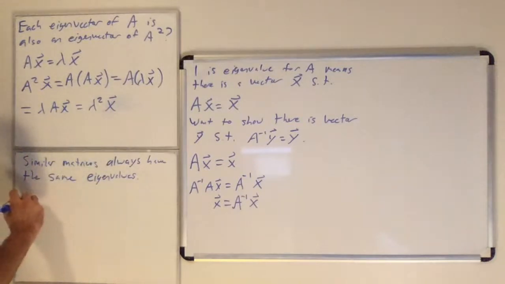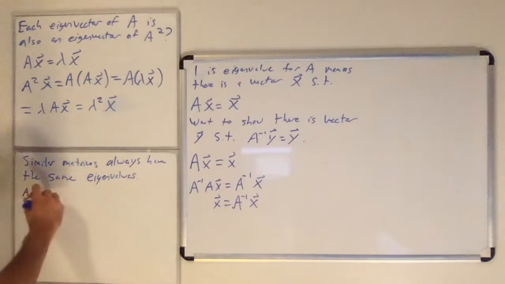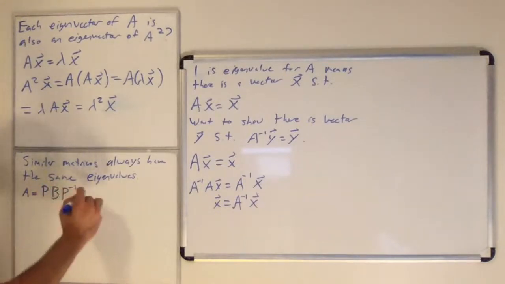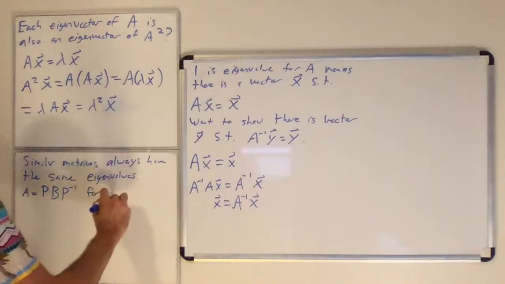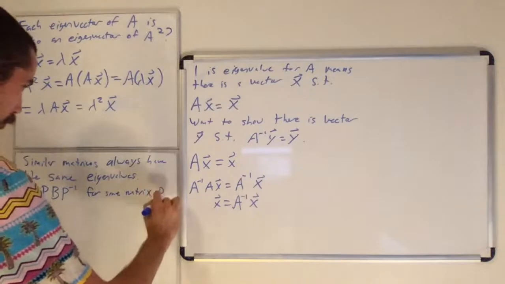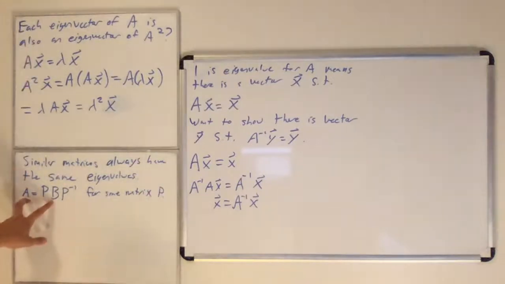A is similar to B means that A equals P B P inverse for some matrix P. So we have A and B, and we want to show that A and B have the same eigenvalues.